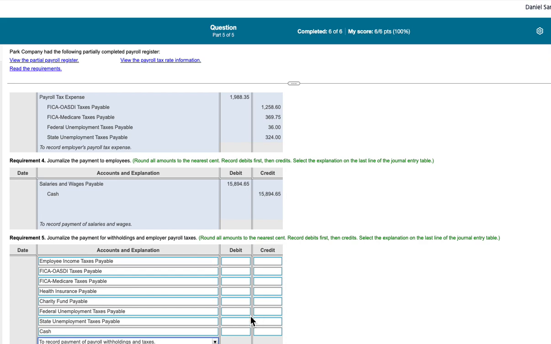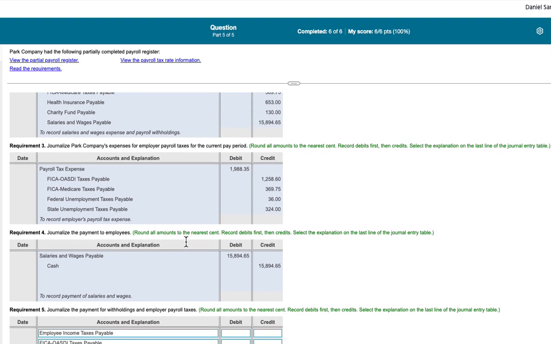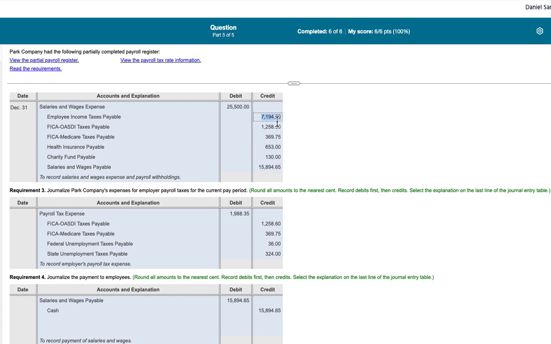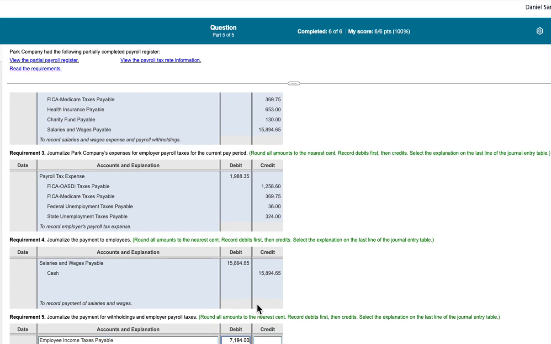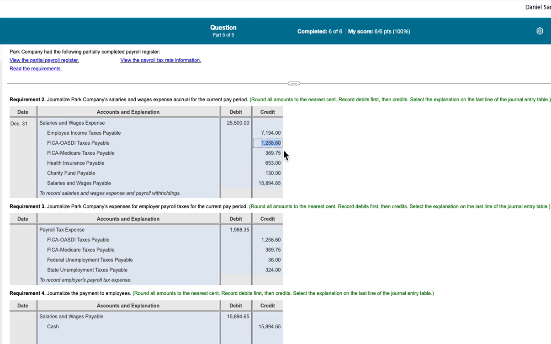Jeez Louise. And let's figure out this total here of my payments, withholdings. My employee income tax payable, that was given to us, and here it is. And then my FICA OASDI is that number multiplied by 2.